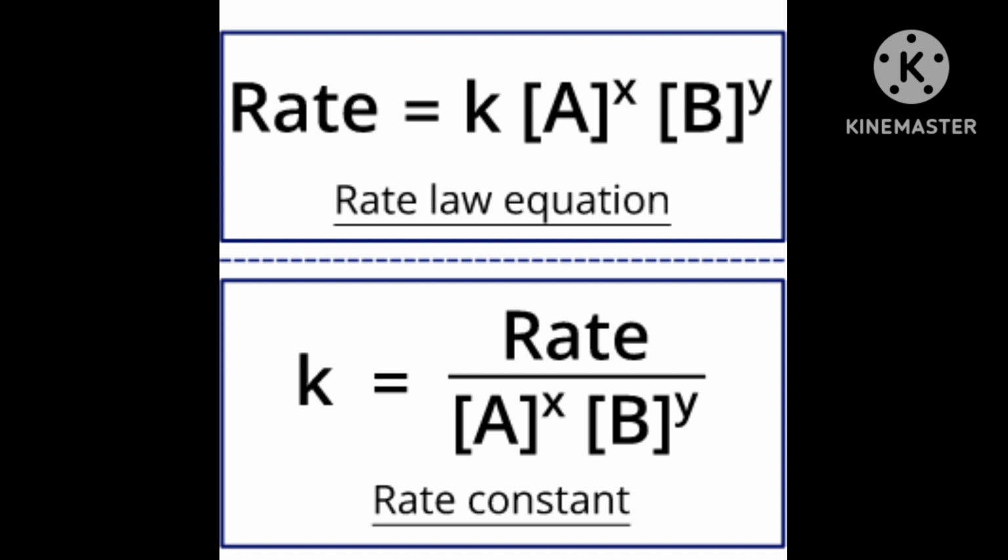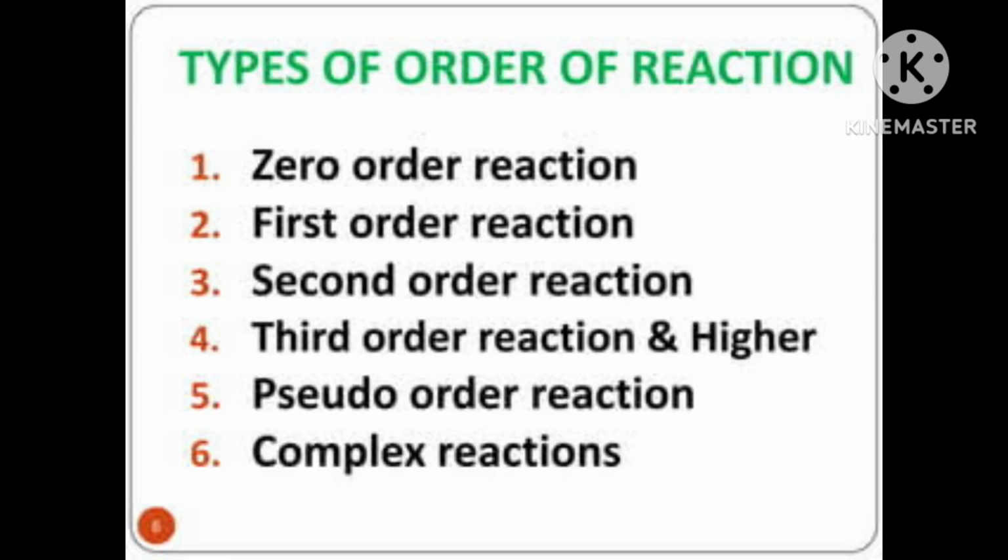Suppose the NO concentration was 2, then 2 power 2 is 4. And here, for oxygen, it only doubled. It is not increasing as a square, and that is called first power.